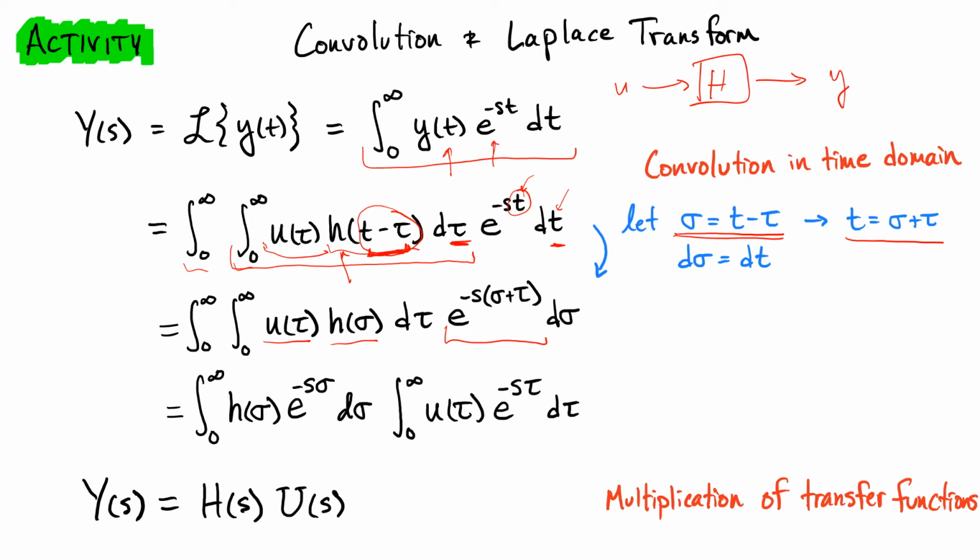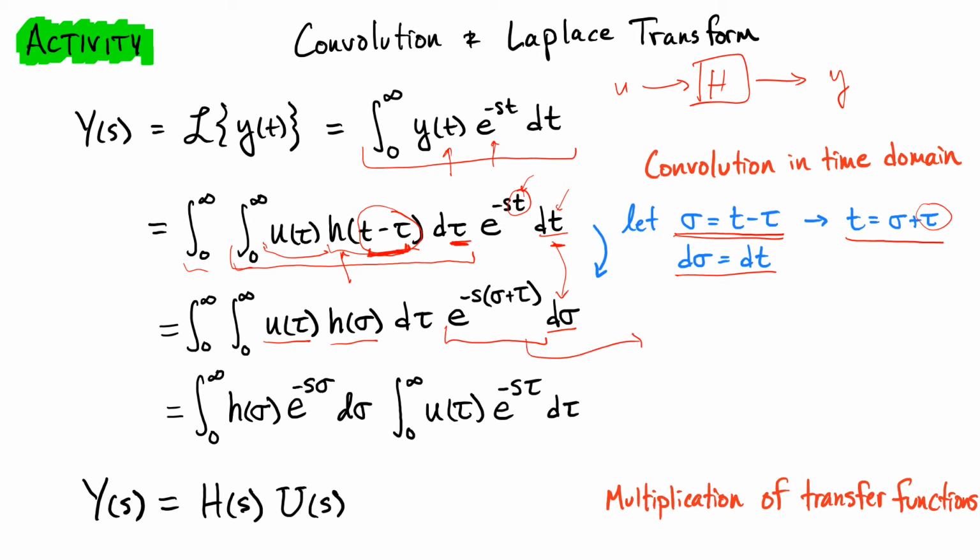And then if we take the infinitesimal differentiation element, the dt, then this tau is considered a constant, and so dt is equal to d sigma. So we just replace dt with d sigma. That's an easy replacement. And so now that we have this, we can separate this exponential.